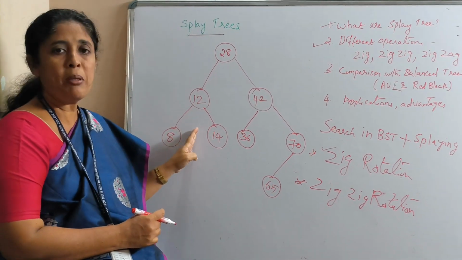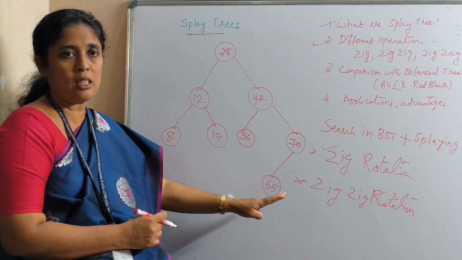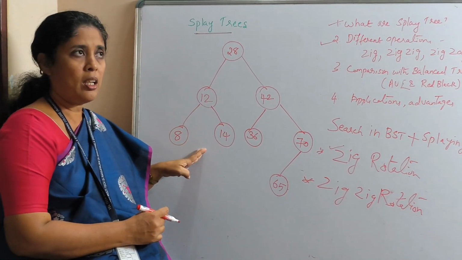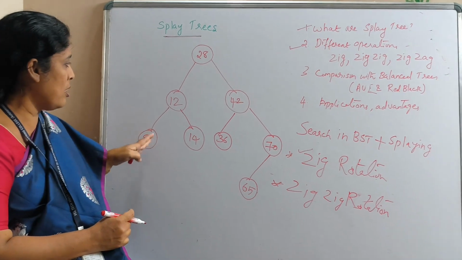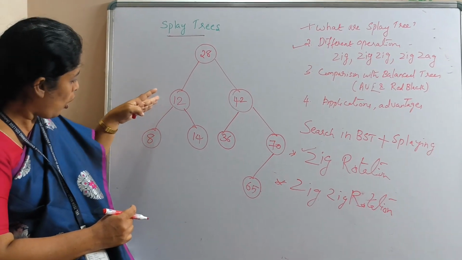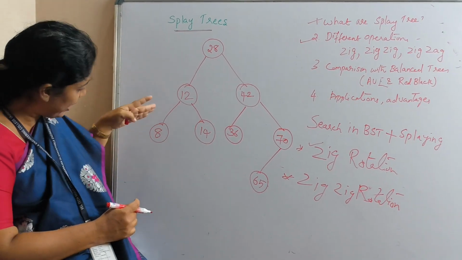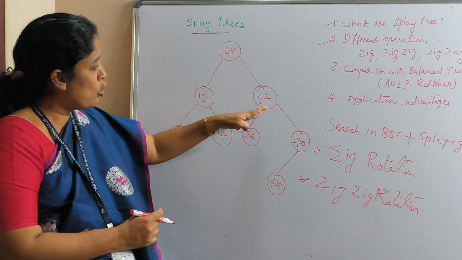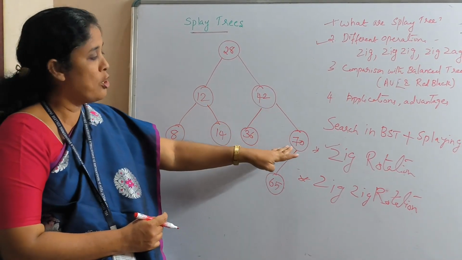With the same example, I am going to explain it. Now when the search element is 8, that is the left child of the root and again the left child of the root, or the right child of the root and again the right child of the root.